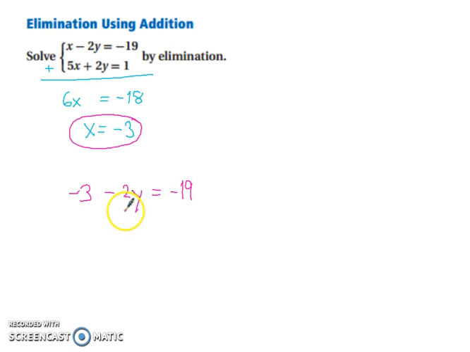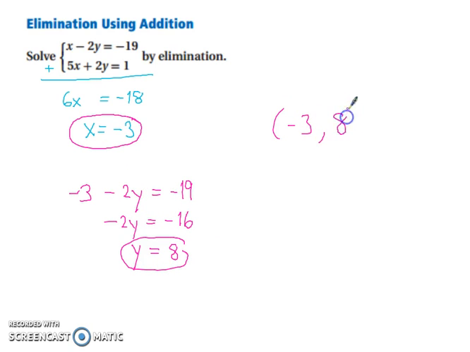So we would add 3 to both sides. So we'd have negative 2y equals negative 16. And divide by negative 2, which leaves you with y equals 8. Well, we have our x and our y, which is enough to make our coordinate. So negative 3, 8.